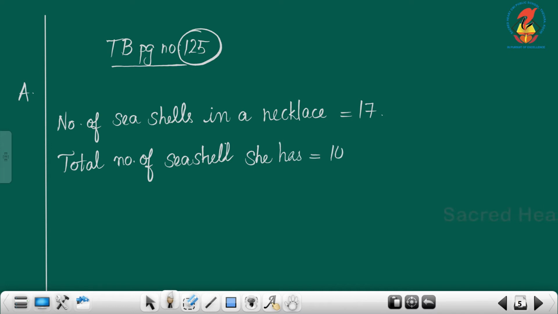It's 100. The question is, how many such necklaces can be made using 100 seashells? So the number of necklaces that can be made.